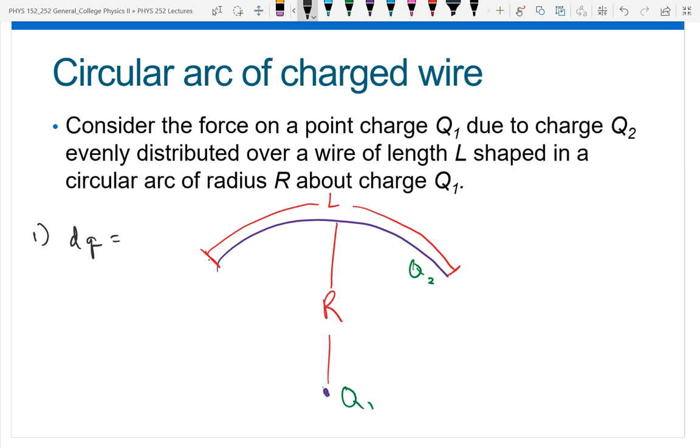Now, determine the dq. Which of the 3 types of charge distributions do I have here? Linear charge distribution, an areal charge distribution, or a volumetric charge distribution? Linear. And so that means it's going to be equal to lambda ds, where ds is a little piece of the wire. So I'll put a little box here. And that box has a width of ds.